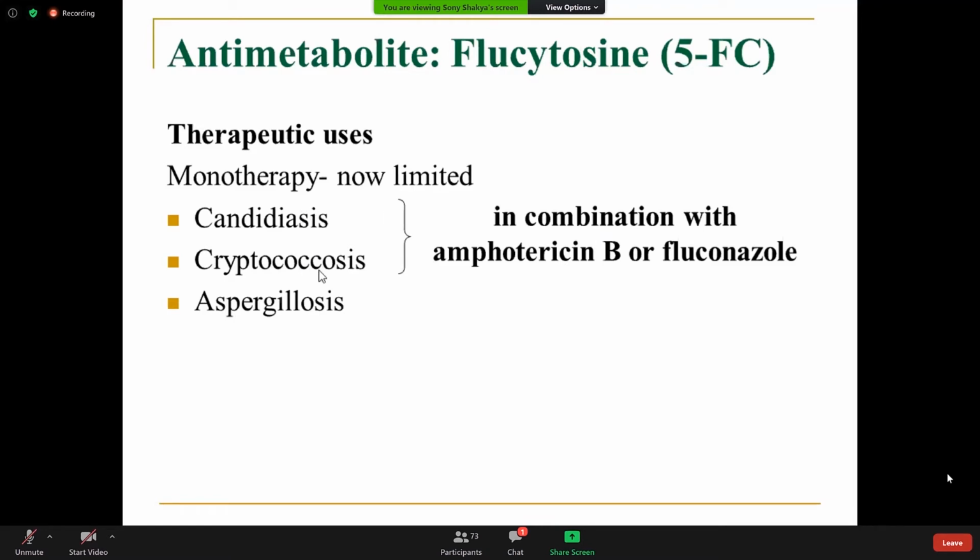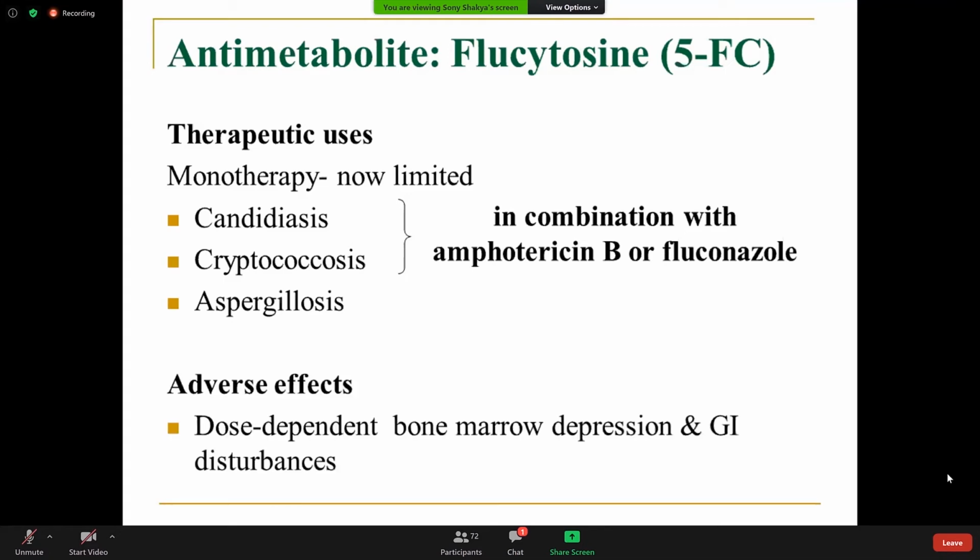In candidiasis and cryptococcosis particularly, it is used in combination with amphotericin B or fluconazole. Fluconazole you haven't studied yet. It is in the azole group of drugs, so we are going to study that later. So flucytosine is used with them.